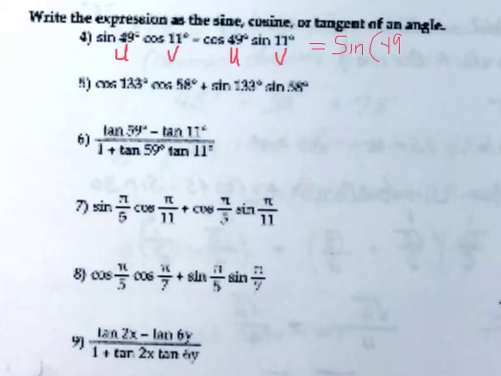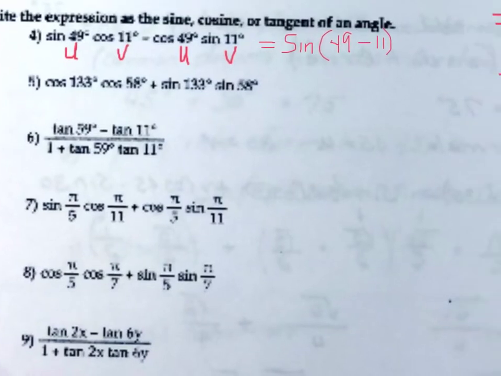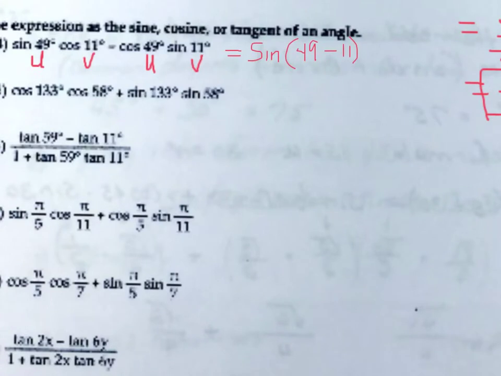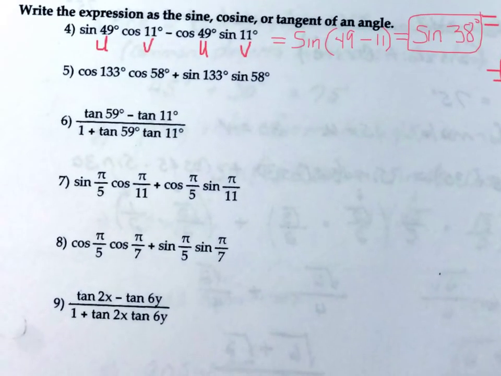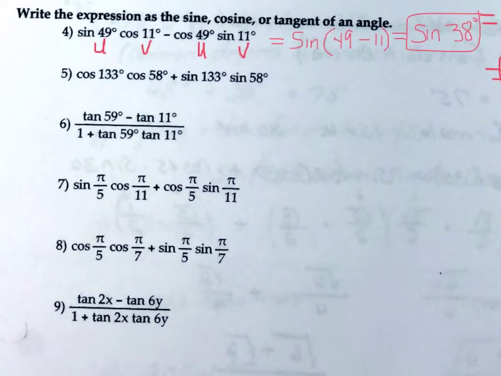So when I put that 49 minus v, which is 11, and I simplify that, what is 49 minus 11? That's 38. Okay, so then this is just sine of 38 degrees. And that's the answer. Yes, this is just finding out what is the single function here.